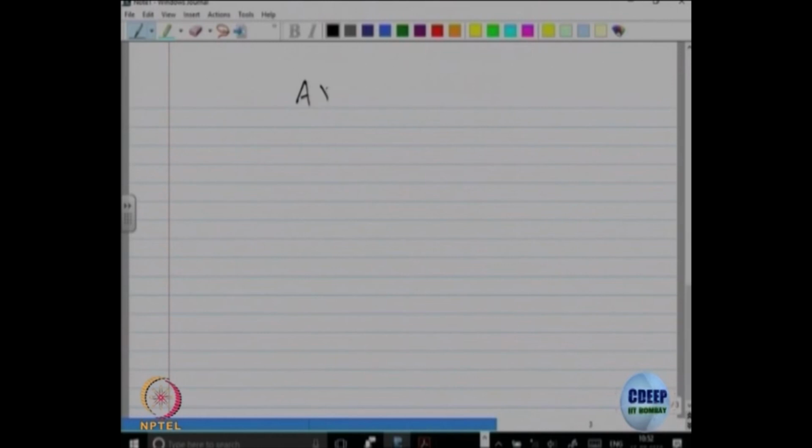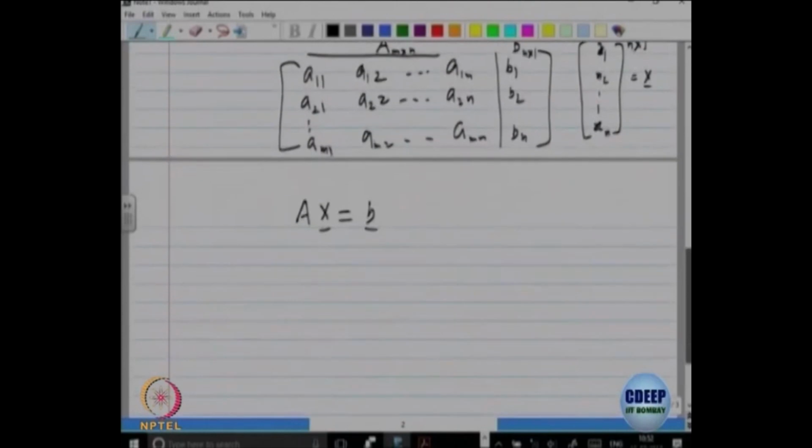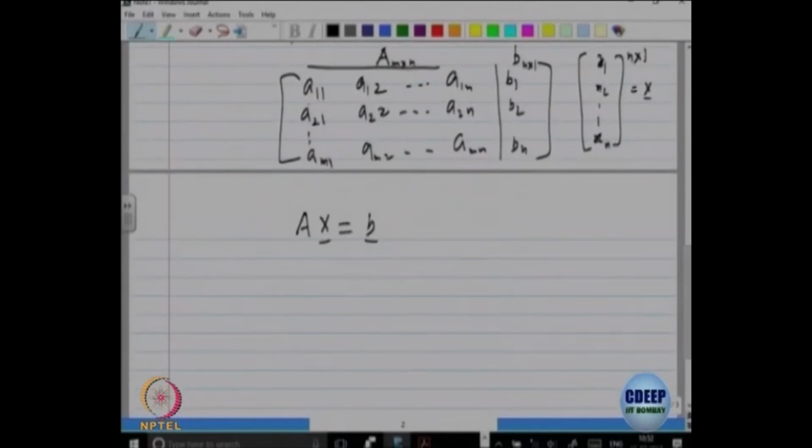So, to get these equations, let us compute Ax equal to B, where this is B and this is called x, matrix multiplication, right. So, what we are doing is we are trying to calculate that. When I multiply, what will be A11 x1 plus A12 x2 and so on will be equal to B1.